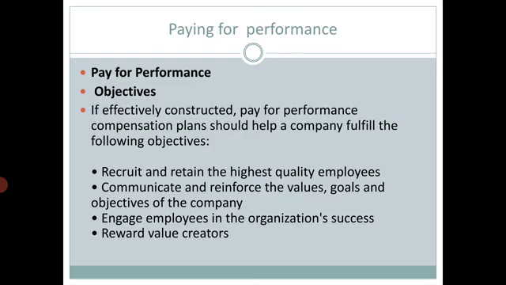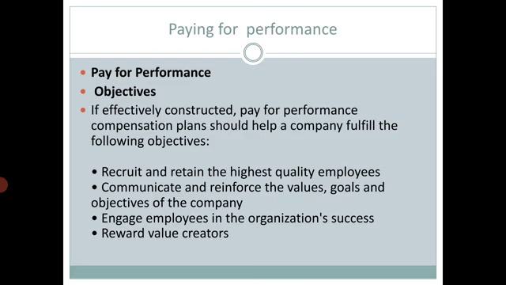So the employees should be communicated the values, goals and objectives of the company. Why? Because unless the employees work for it, your organization's goals will never be accomplished. Is it?